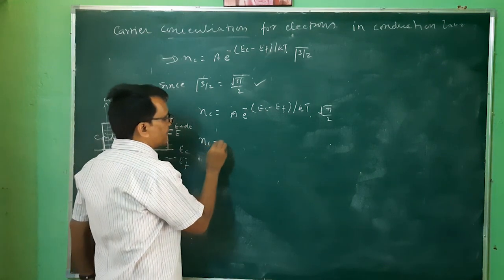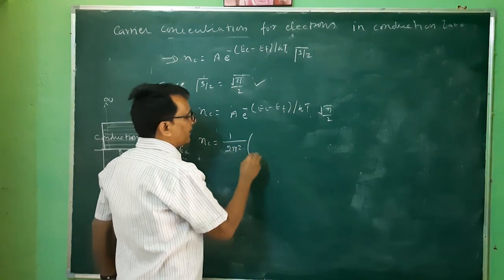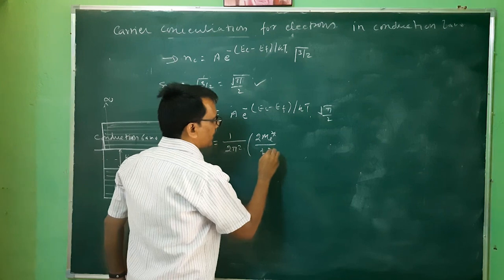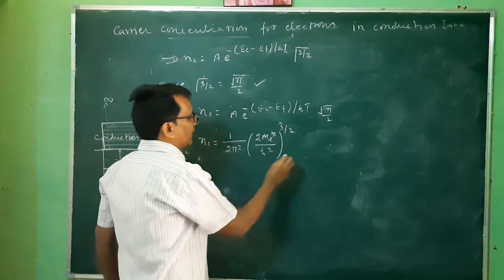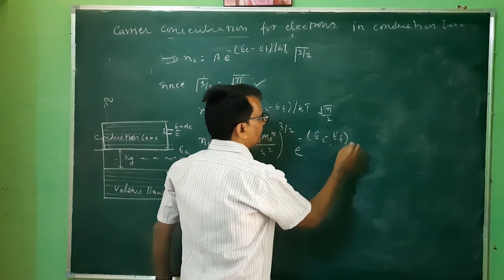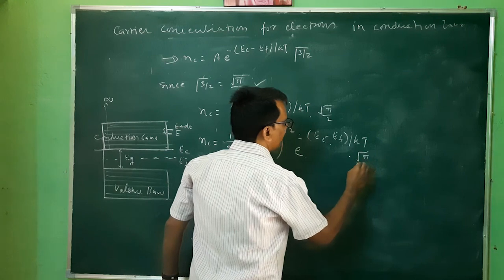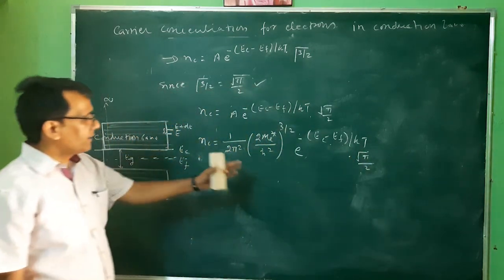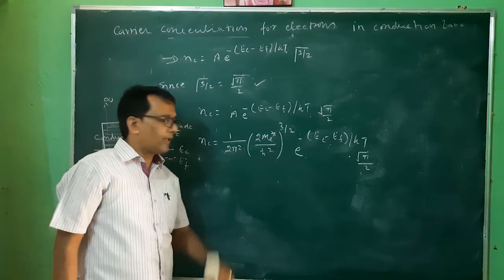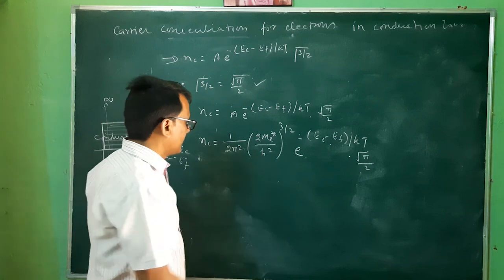This Nc is equal to 1 upon 2 pi square, 2 me star by h cross square to the power 3 by 2, and exponential of minus (Ec minus Ef) by kT multiplied by root pi by 2. So this is the term, and one can write this as the answer, but let me further modify this term by substituting this h cross.